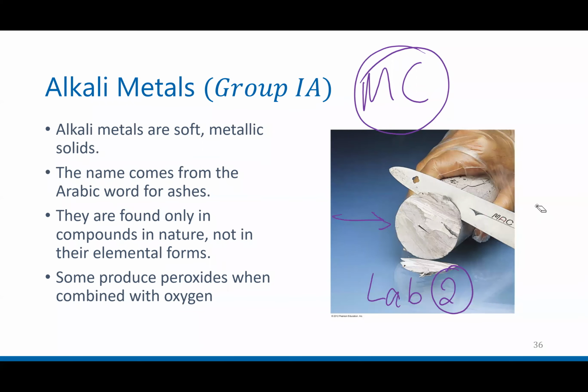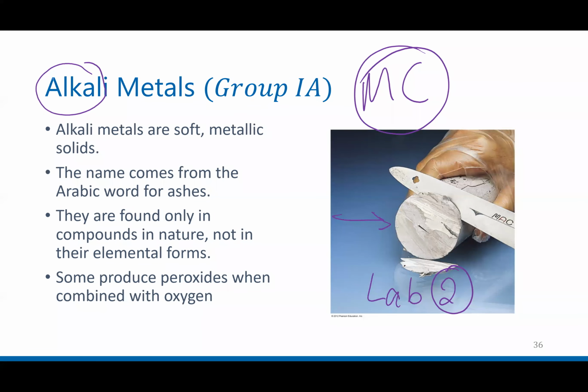Anyways, sorry, but you can cut these metals with a knife, so it's not like iron or copper. You need something a little sharper or a lot of heat. These are soft metals. The name, and I can't verify this, and I'm not saying that alkali is a word in Arabic today.